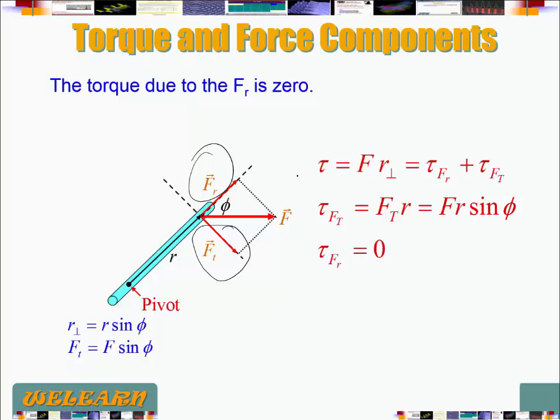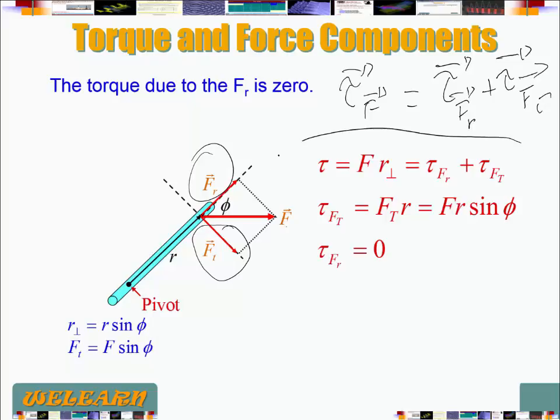Now, since F is equivalent to Ft plus Fr, the torque due to F is the torque due to Fr plus the torque due to Ft, like written here.